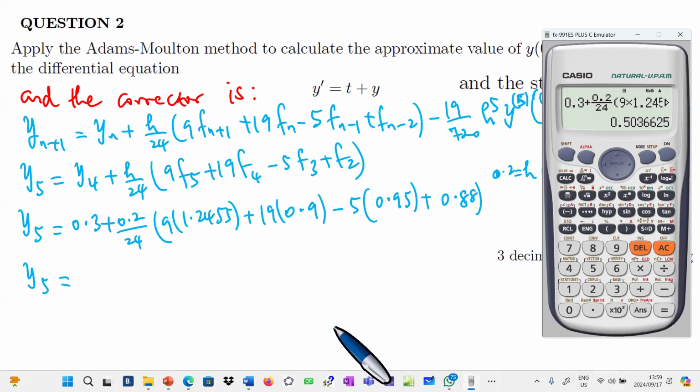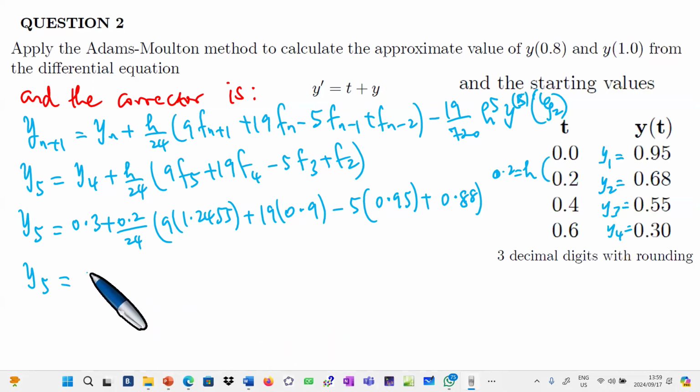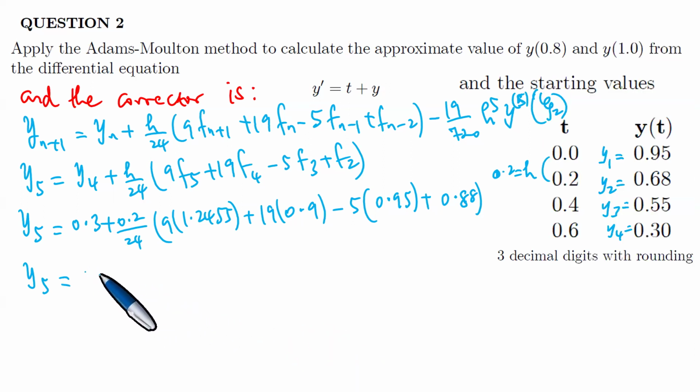Okay, let's check this one. 0.5036625. So you can round it off to 0.5037.